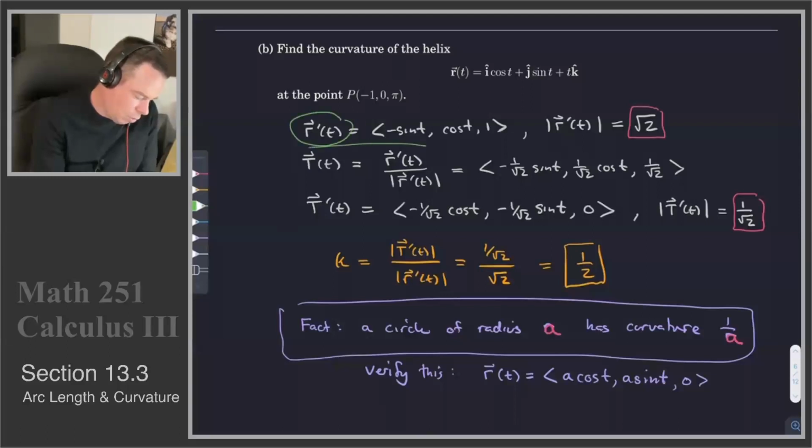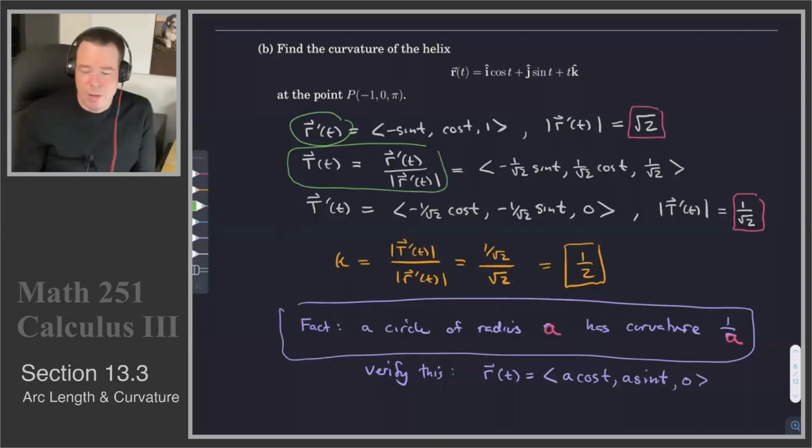Then I had to normalize it to get t prime. It just so happened that r prime of t had constant magnitude, so we just had to divide by root 2. But in general, these curves will not have constant magnitude. The tangent vector will not be of constant magnitude. So we'd be dividing by some non-constant function. And then the very next step, we have to differentiate that. So there'll be a bunch of quotient rules that come in, and things can get messy pretty quickly.